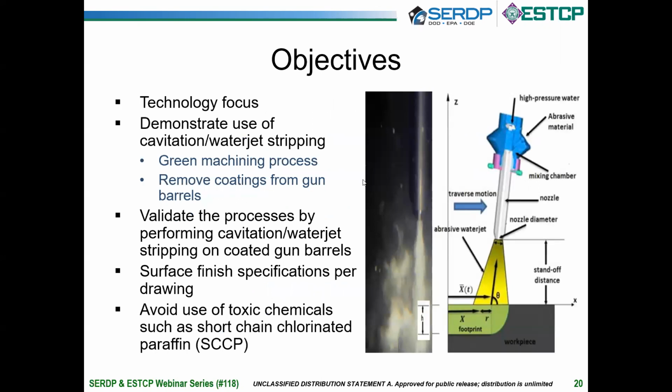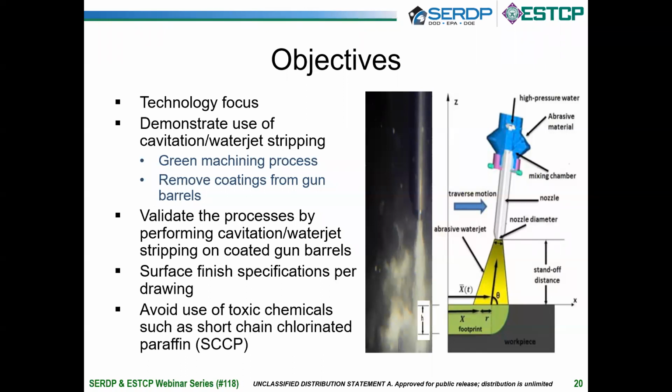So I'm not sure how much familiar you are with Waterjet, but Waterjet technology is a very good technology to use on weapon systems, especially for things like cleaning the coatings, stripping coatings, or even rifling coatings. It's a green process. It's environmentally friendly. It's as simple as it gets.